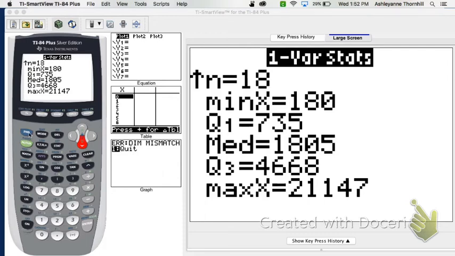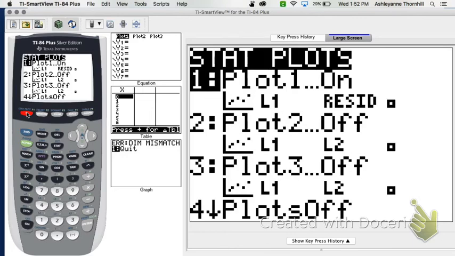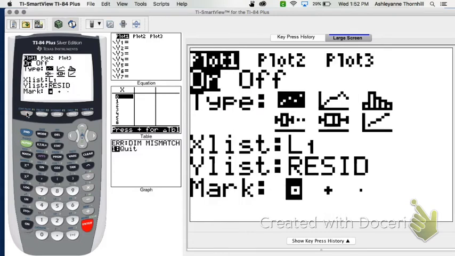So to make it in the calculator, I'm going to go to second. I want everybody to do this with me. Second, y equals. I want you to hit enter. Plot 1 should be turned on. And then you're going to scroll right to where this graph is highlighted.